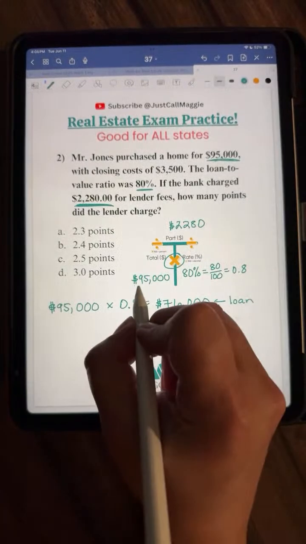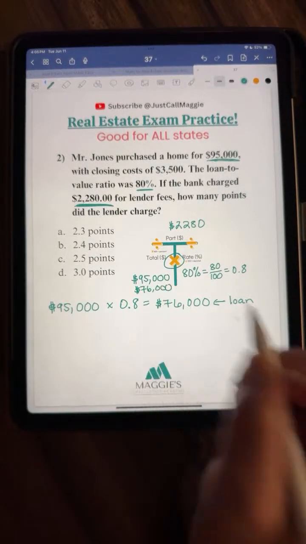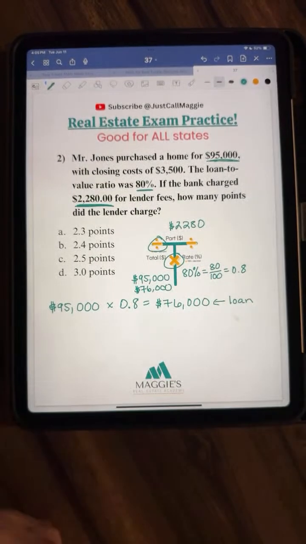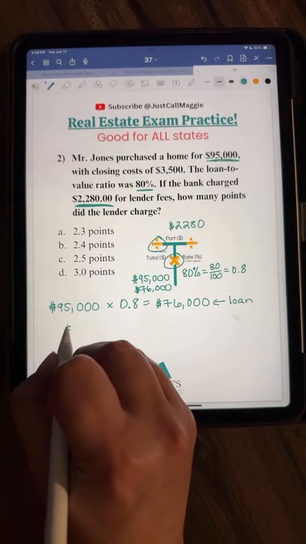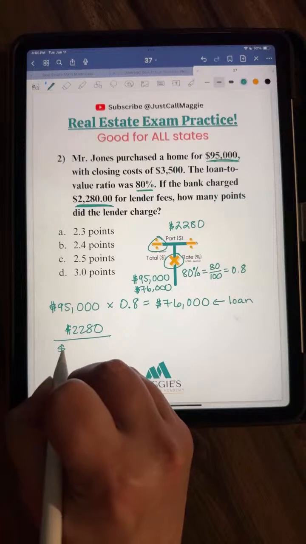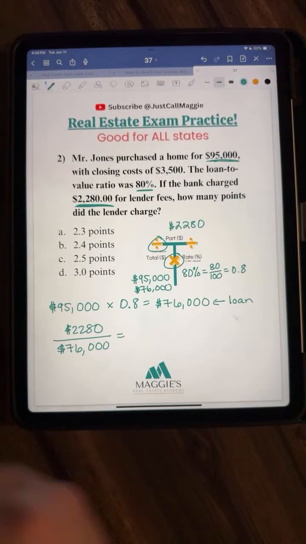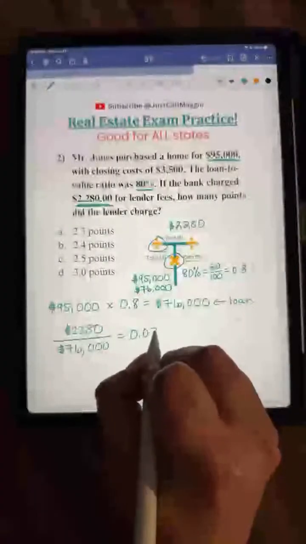And then the loan amount, $76,000, we're going to put in the total section. So now we divide. We take 2280 and divide by $76,000, which is going to leave us with 0.03.